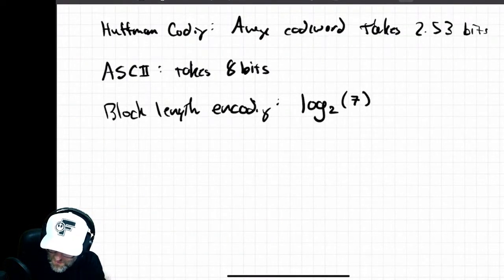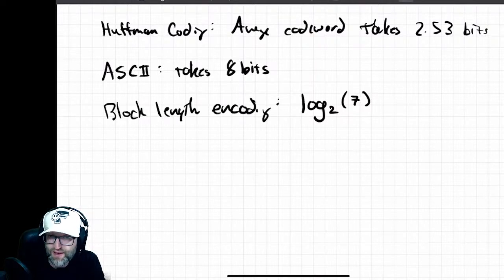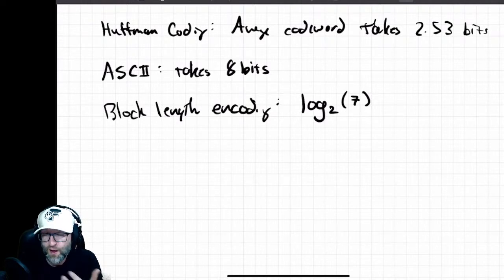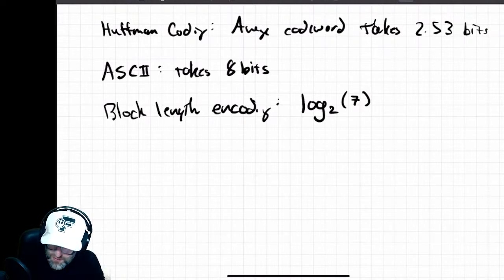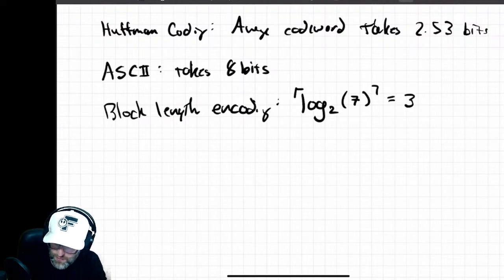So log base 2 of 7 is going to be slightly less than 3, but you can't take a fraction, so you're forced to use 3 bits for every single code word, and one bit string of length 3 is just going to be unused. So generally what we do is we take the ceiling of this, and this is going to end up being 3.